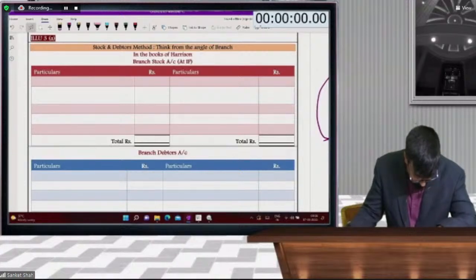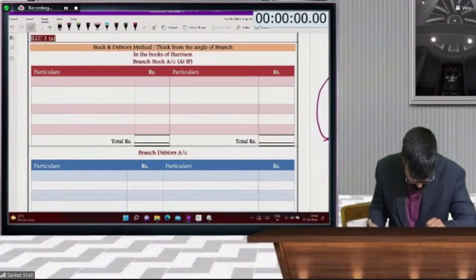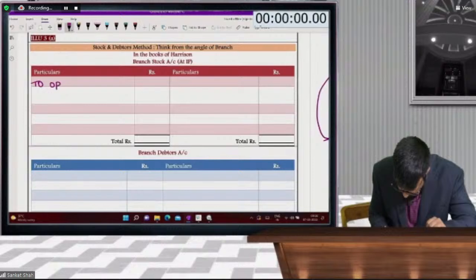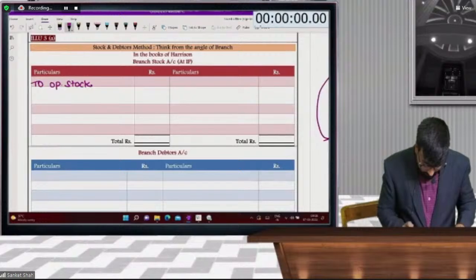Chalo, next one. Branch stock to opening stock. Branch stock to opening stock.